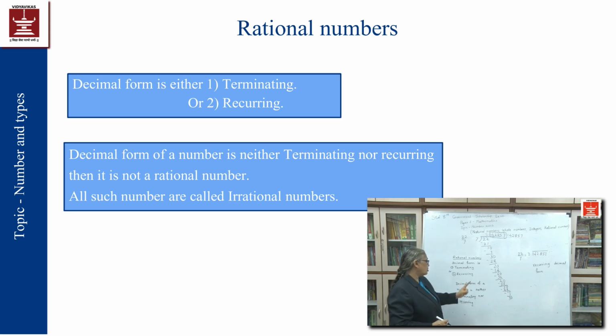So, if the decimal form of a number is neither terminating nor recurring, then it is not a rational number. And all such numbers which are not rational numbers are called irrational numbers.